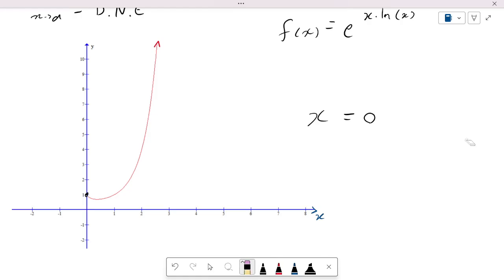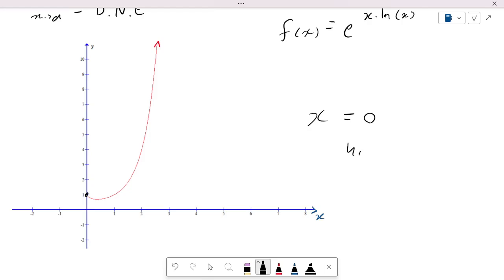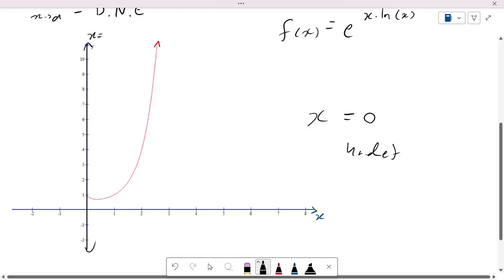If we let x equal 0, we will get something along the lines of undefined. It is undefined at x equals 0. So therefore, the asymptote is just the y-axis. x equals 0 is our vertical asymptote of this function.